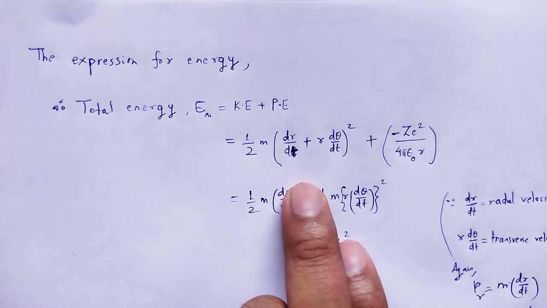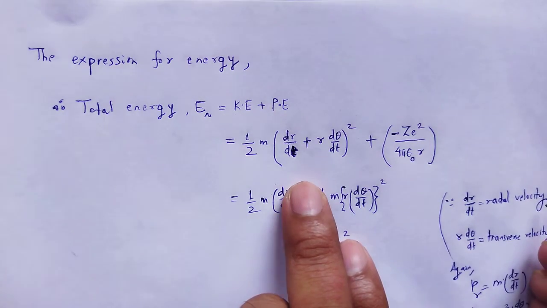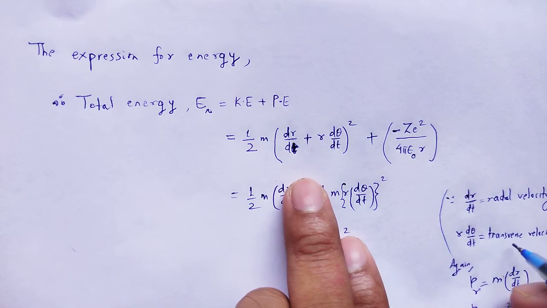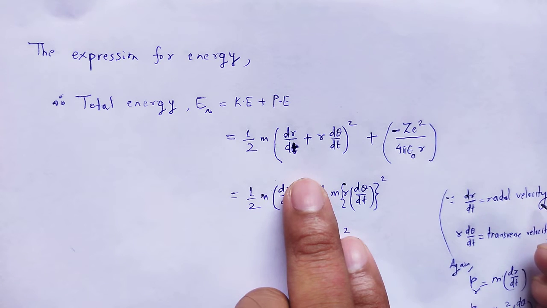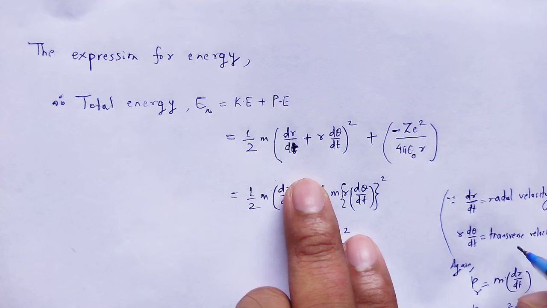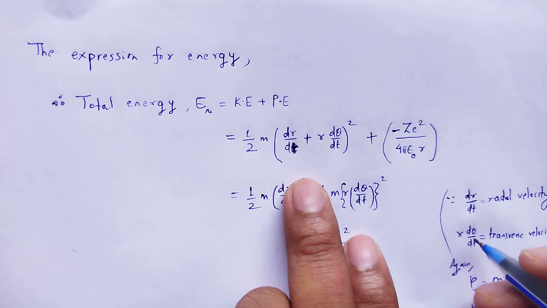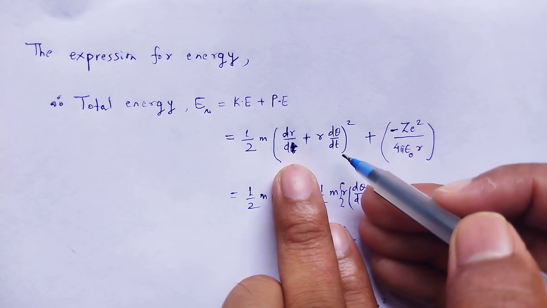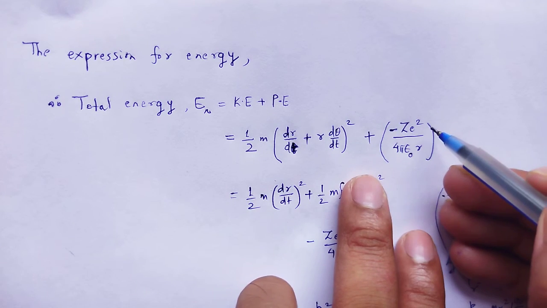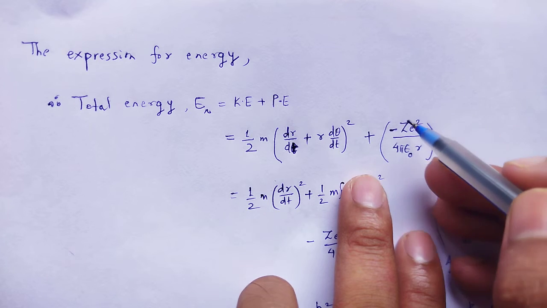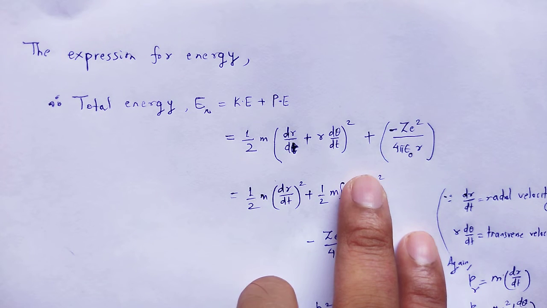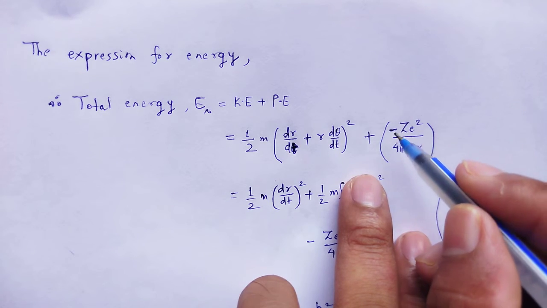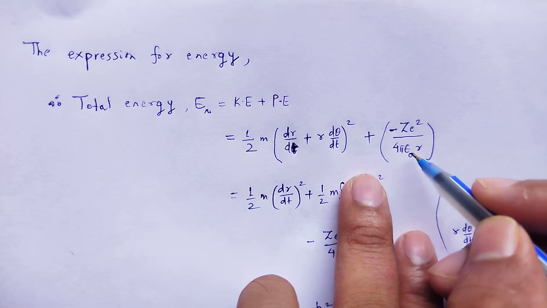It has two types of velocity, one is radial velocity and another is transverse velocity. The radial velocity is dr/dt and the transverse velocity is r dθ/dt, with the square of such velocity terms. The potential energy is the electrostatic force of attraction between the nucleus and the electron, which is given by minus Ze² divided by 4πε₀r.